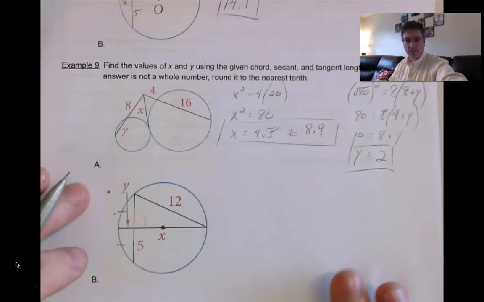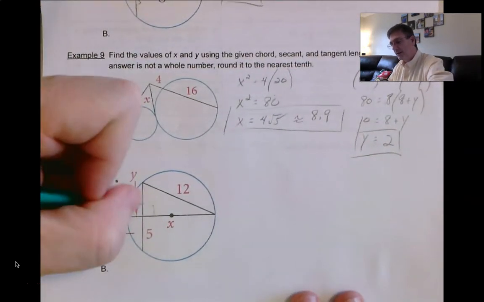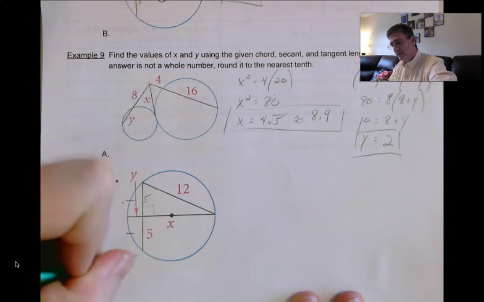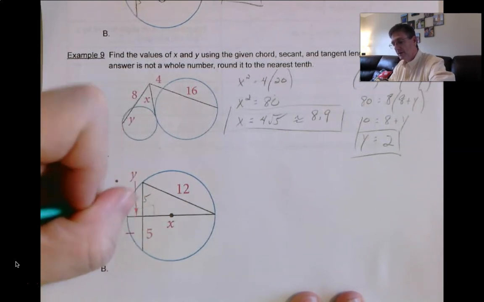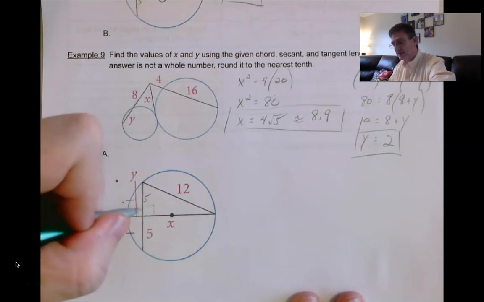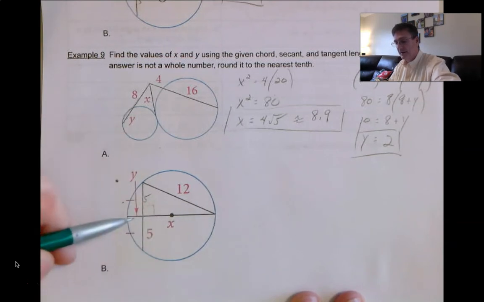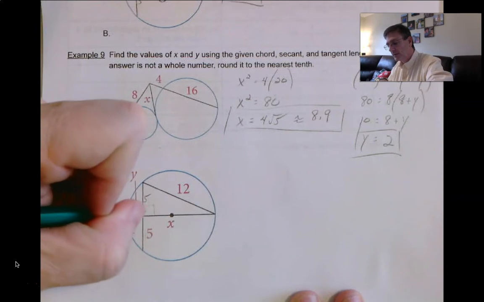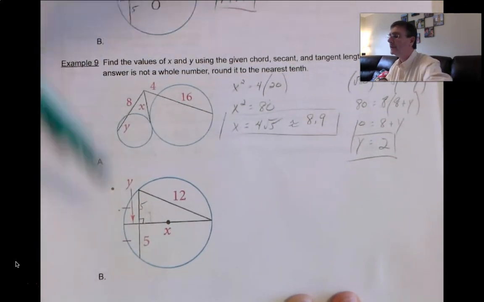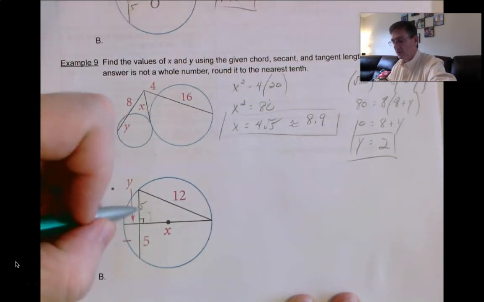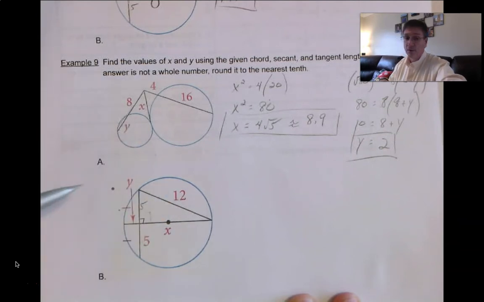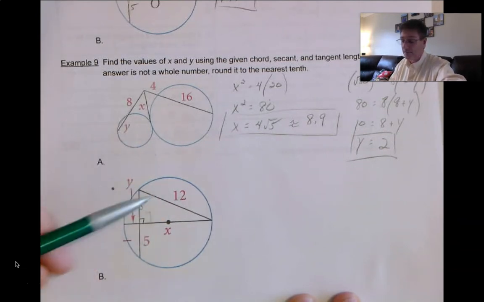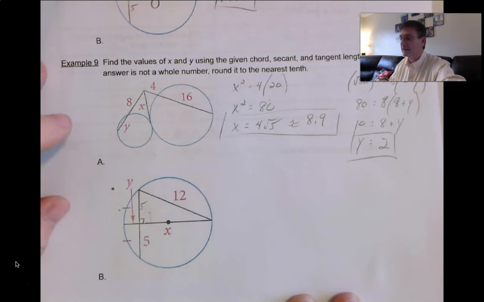Okay, part B. Here we have a 5, because this is being bisected, right? A diameter bisects the arc and its chord. That makes this a right angle. So since this is a right angle, 5 blank 12, it would be nice if this was a 13. 5, 12, 13, but it's not.